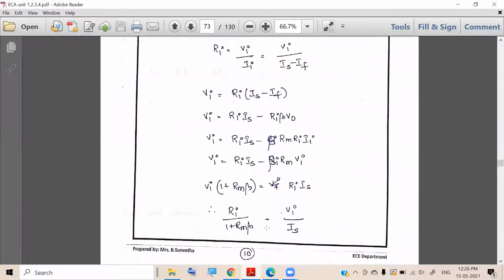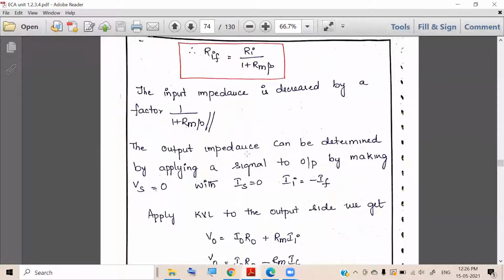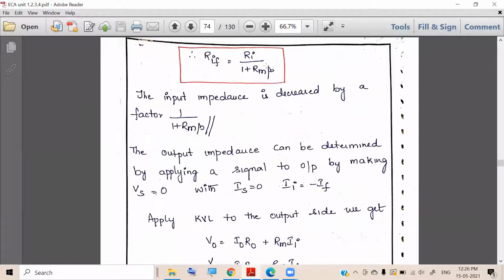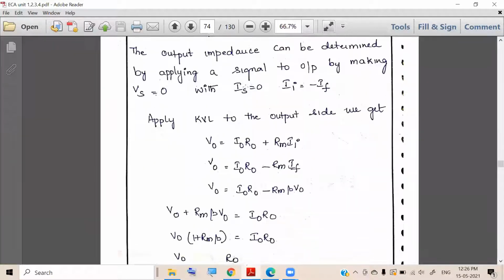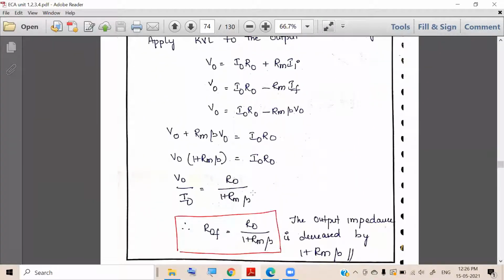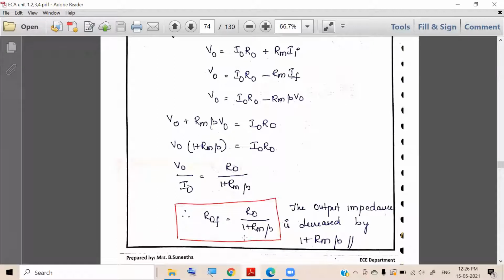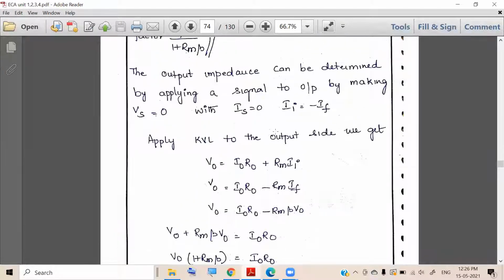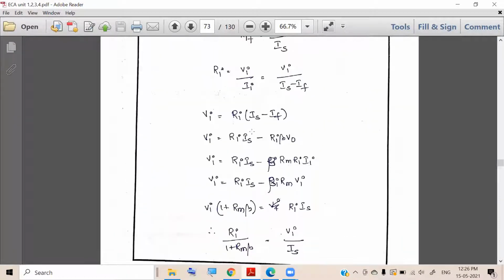See, input resistance is reducing by a factor of 1 plus Rm beta. Output resistance should also reduce based on what we have discussed. So output resistance is also reducing by a factor of 1 plus Rm beta. We can use this logic to understand what will happen to the input resistance and output resistance before the derivation itself. Now let us look into the derivation part.